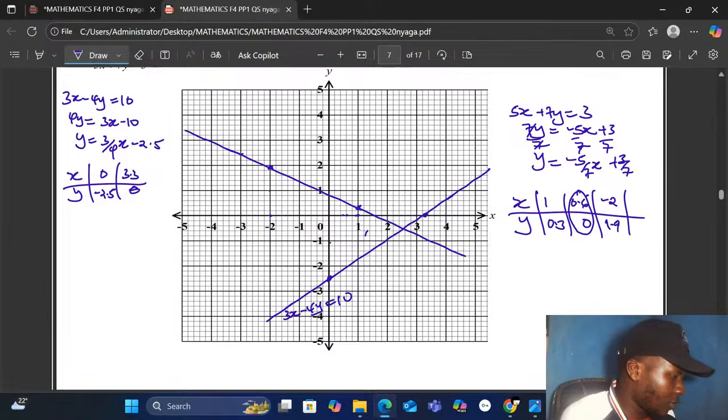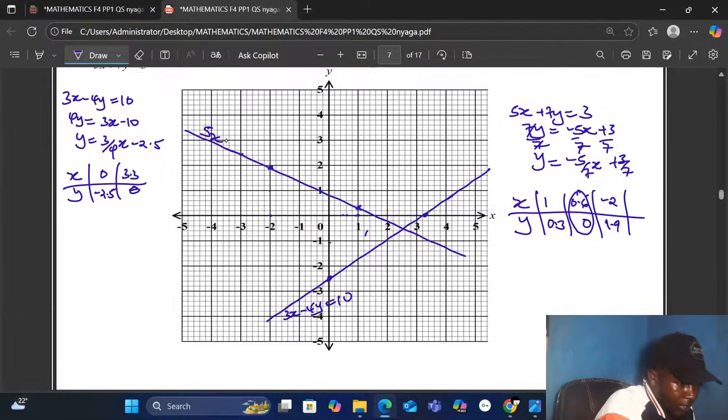Well, that is what we are having, and this is 5x plus 7y is equal to 3. So that is how we are going now to solve.